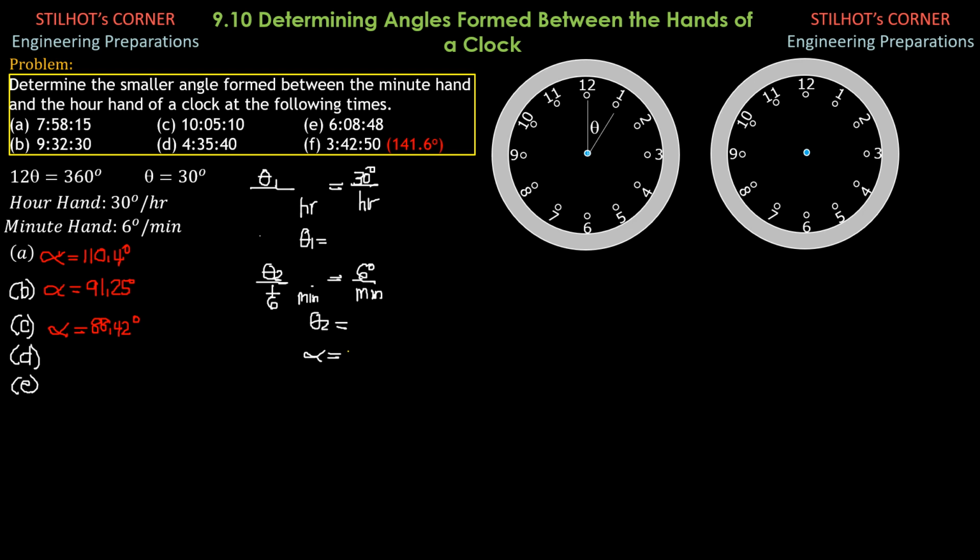So that means the hour hand is pointing between 4 and 5. So this is the hour hand, the shorter hand, and 35, 40. So this is 35 minutes, 40 seconds. So this is the minute hand, and this is alpha. The hour hand was pointing the 4 mark before, so I'll call that theta 1 because that's the hour hand.